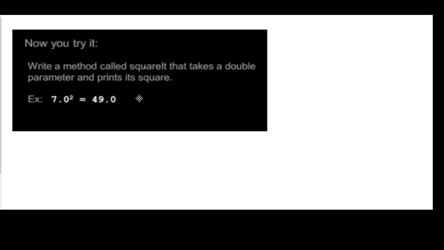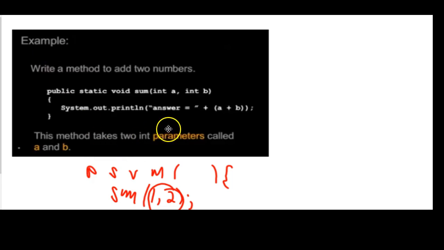It prints it on the screen. So much like we did in this method, instead of adding, you're going to print the square. So it's very similar to this method. I'll leave this code up on the screen so you have something to look at while you're writing the code. So I'm going to pause the video and you guys are going to work on that for a couple minutes.